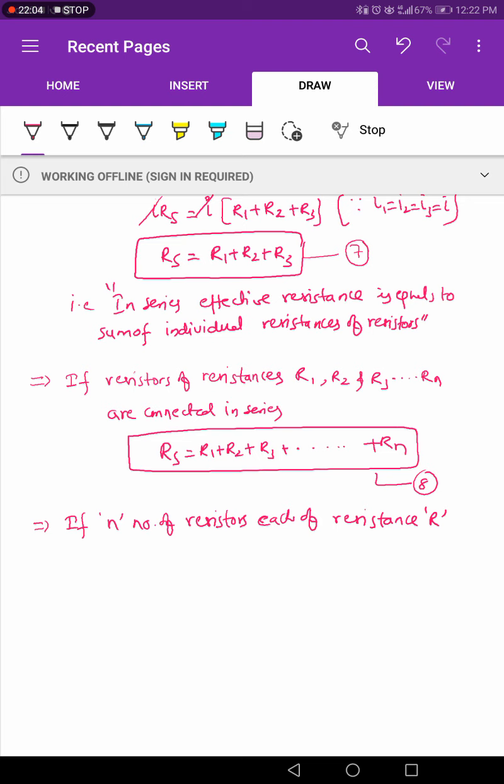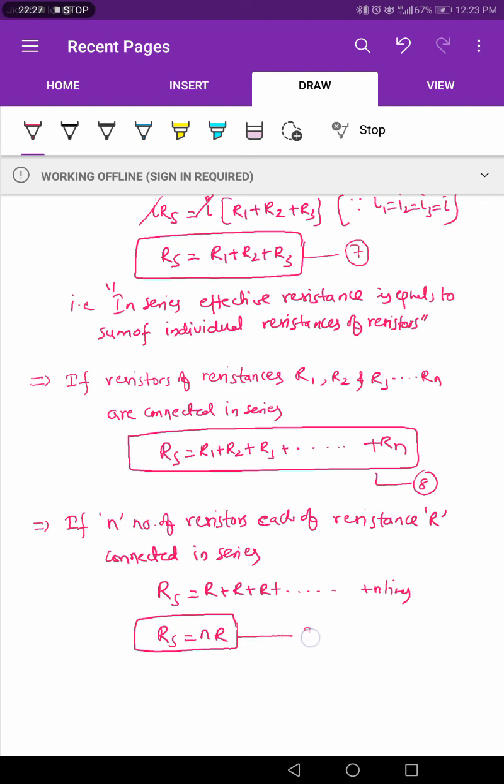Okay? Resistance capital R connected in series, therefore R effective is R plus R like that till n times. Therefore simply we can write Rs is equal to nR. So this is the effective resistance.